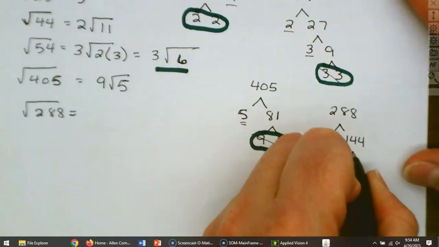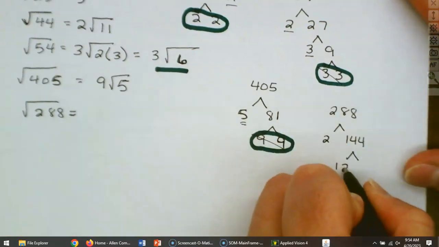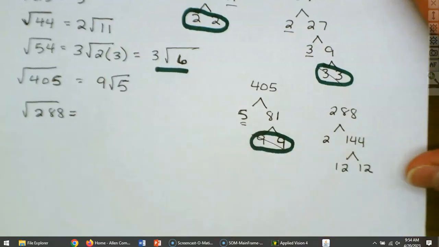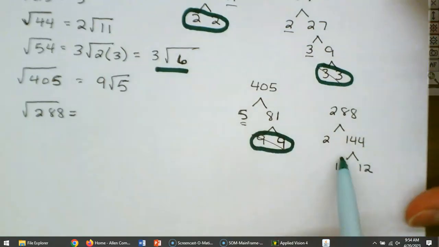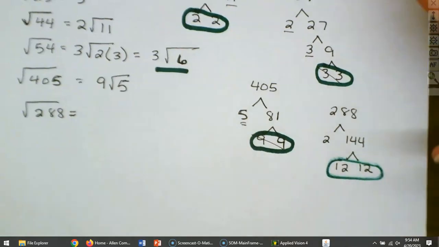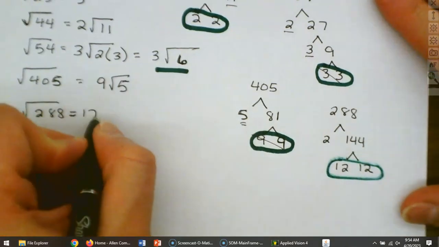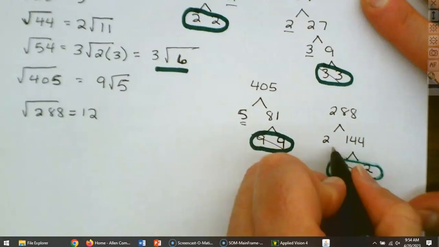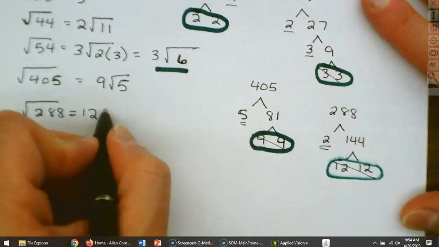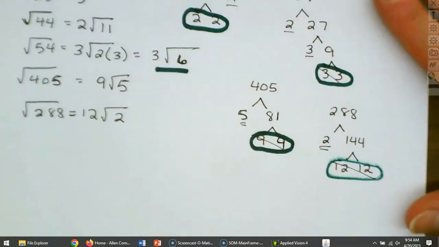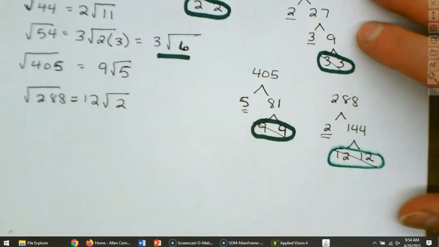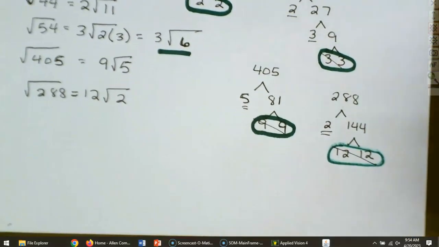So we can break this 144 down into 12 and 12. What can we now do? Well, the 12's are here. They are paired up together. So 12 comes out, gone. And what doesn't have a pair? A 2.